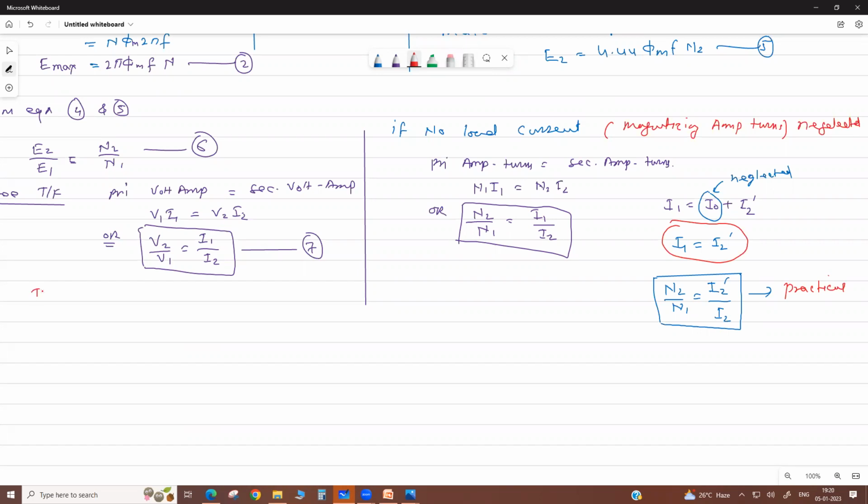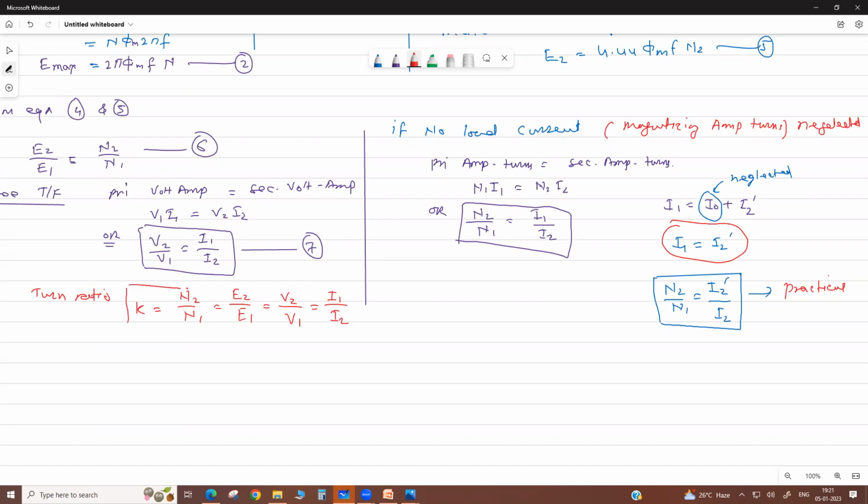Therefore the turn ratio, the transformation ratio, K equals N2 by N1 equals E2 by E1, or equals V2 by V1, or equals I1 by I2.